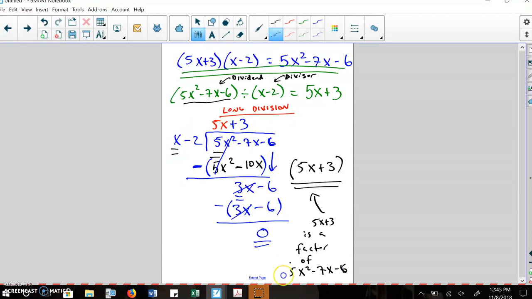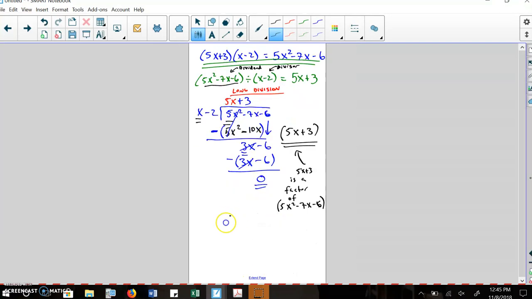What that means is it divides evenly into 5x squared minus 7x minus 6. And we could also say that x minus 2 is a factor of this as well, because when we divided 5x squared minus 7x minus 6 by x minus 2, we got a remainder of 0.